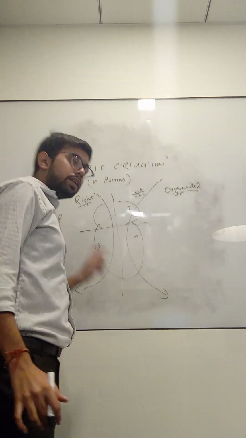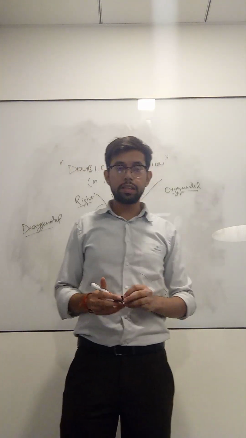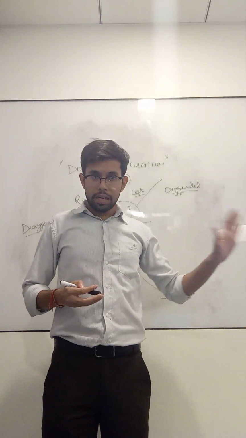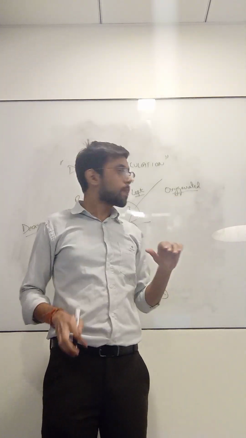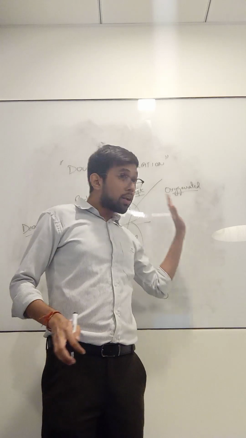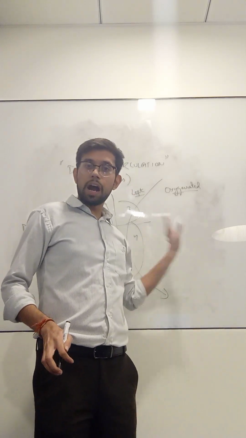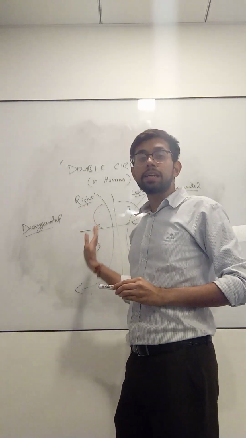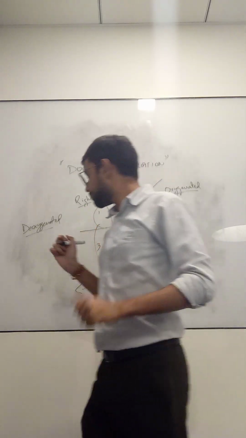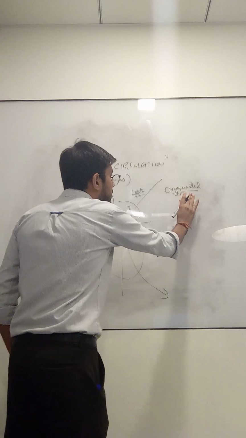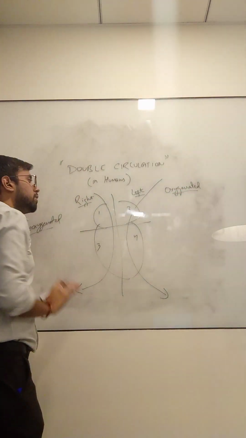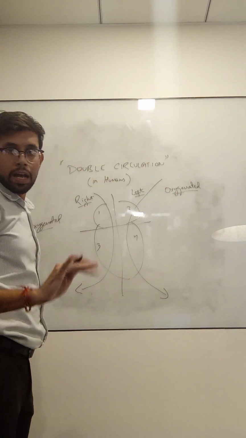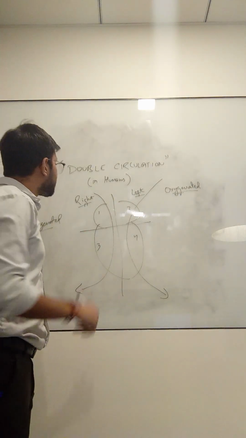There's a trick. Always do this: this is my left hand, so on this side the left side of the heart would be present. Similarly, this is my right hand, and here the right side of the heart would be situated. The left side will deal with oxygenated blood, the right side will deal with deoxygenated blood. I guess that is very clear to you.